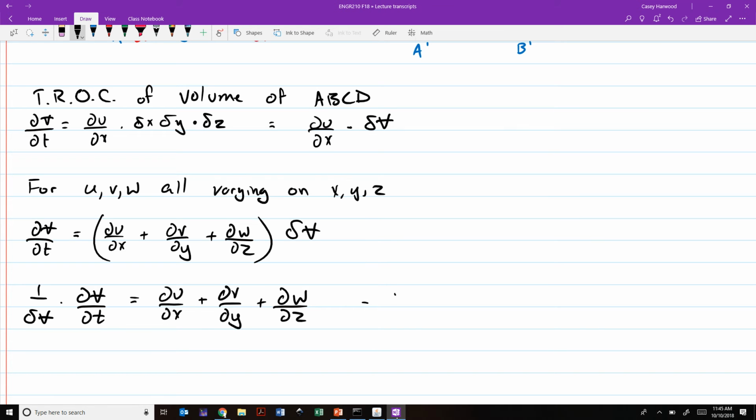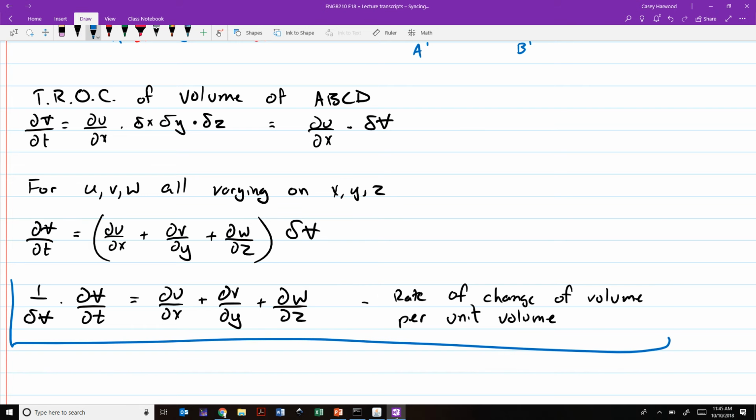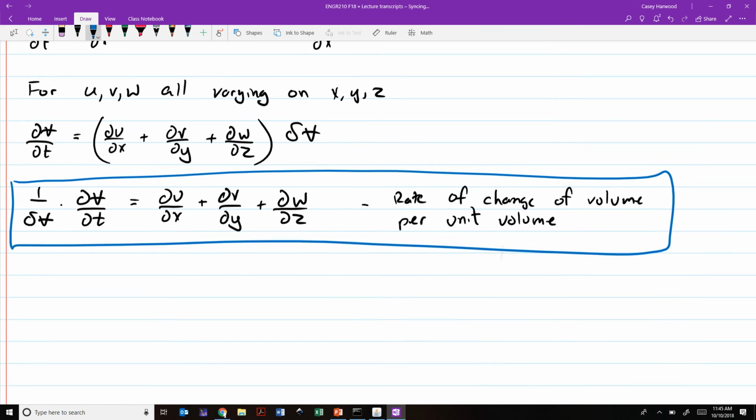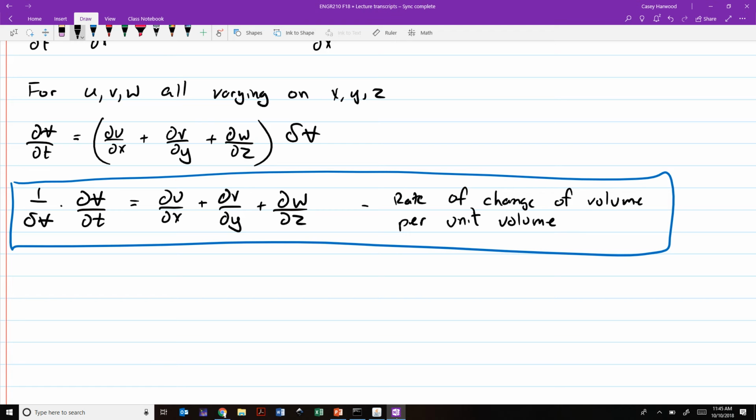And this can be thought of as the rate of change of volume per unit volume. If we recall back into our vector calculus and vector identities, we could write this as the quantity that we call the divergence of our velocity field.